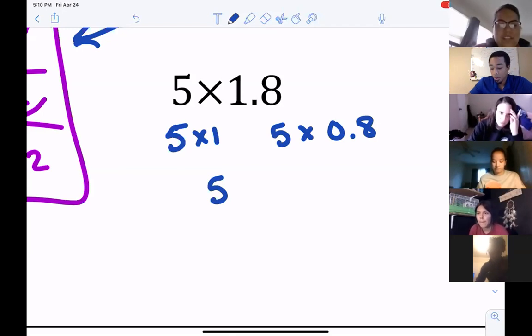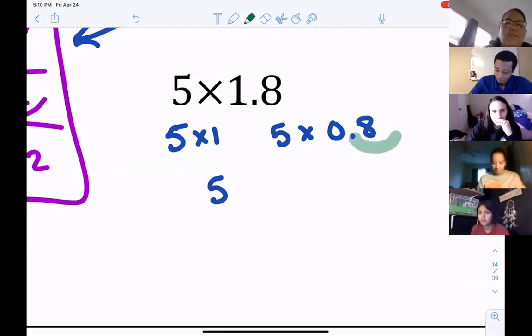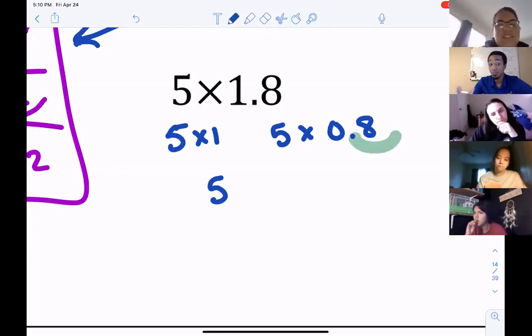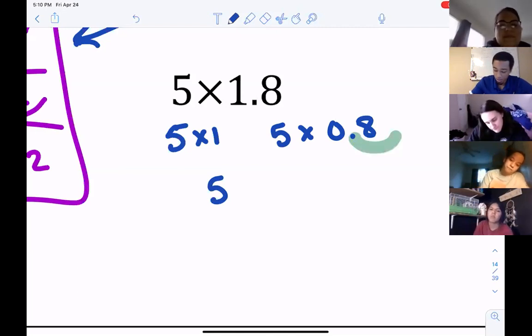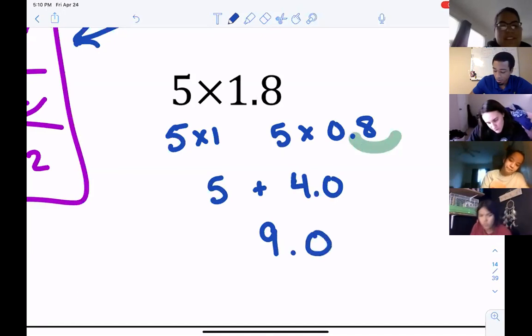But what did we ignore when we did that? You have to put the decimal in the middle, so it'll be 4.0. Exactly. We said that 5 times 8 is 40, but because we moved that decimal, we make it 4.0. And 5 plus 4.0 gives us 9. You can say 9.0, but 9 is the simplest way to write it.